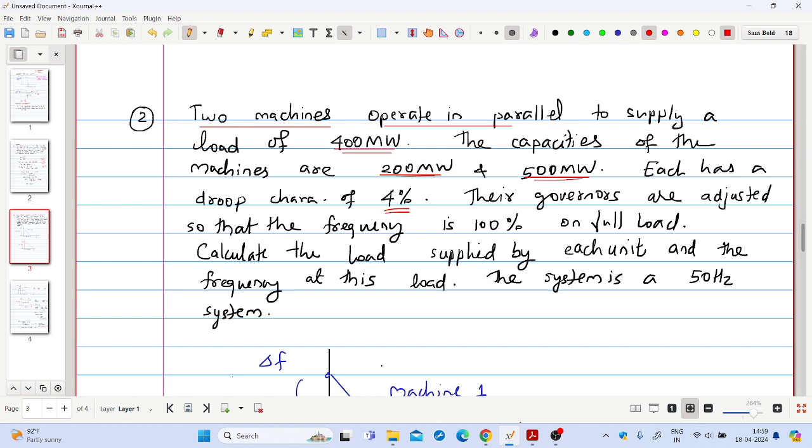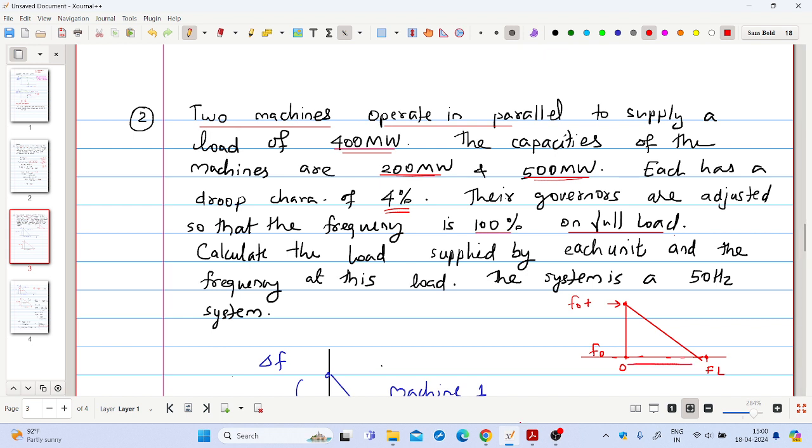It is 4%. Their governors are adjusted so that the frequency is 100% on full load. That means at full load, you have the nominal frequency f0, and at no load you have some higher frequency, f0 plus something.